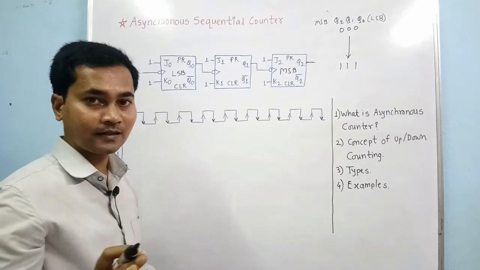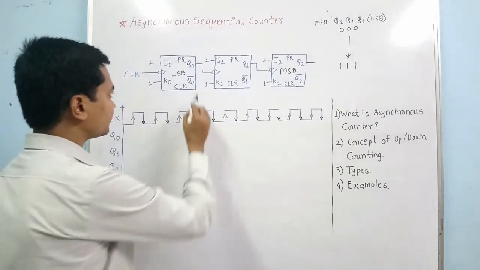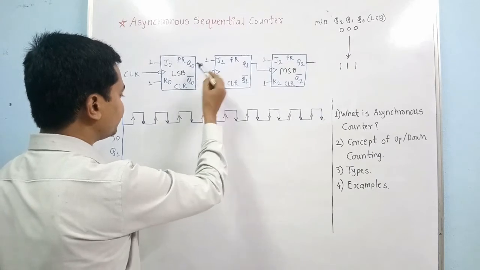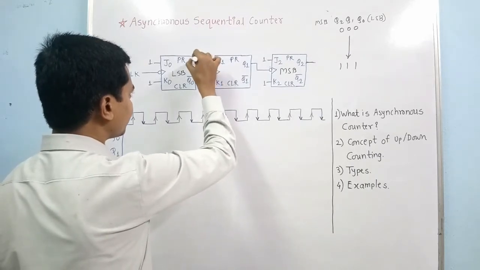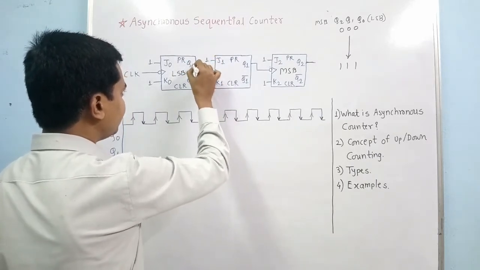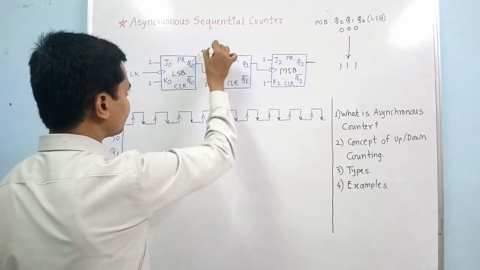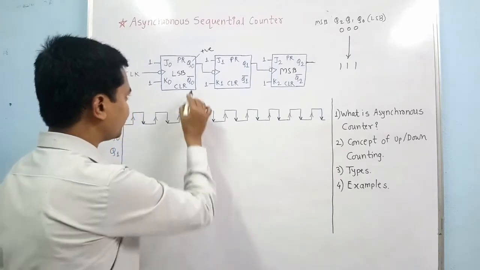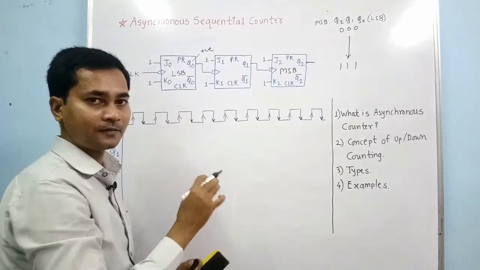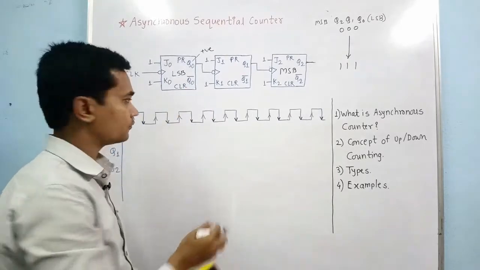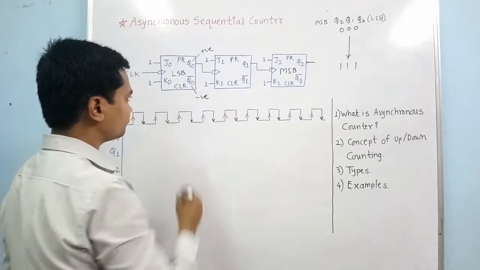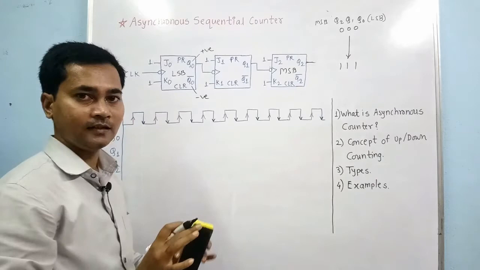For your understanding, I am saying this is Q0, the normal output, and I will call it positive. I am just giving some signs, that's it. And this complemented output I am calling negative.